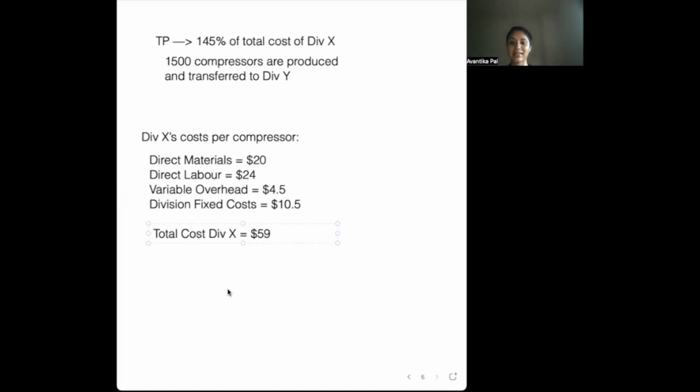Now they're saying that it's at a markup of 145%. So your transfer price would be 1.45 multiplied by $59. So then your markup price is 1.45 times 59, which is 85.55.